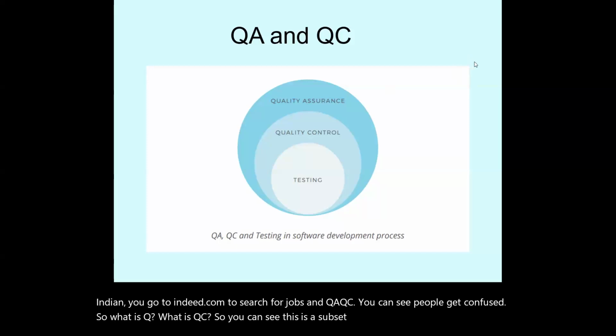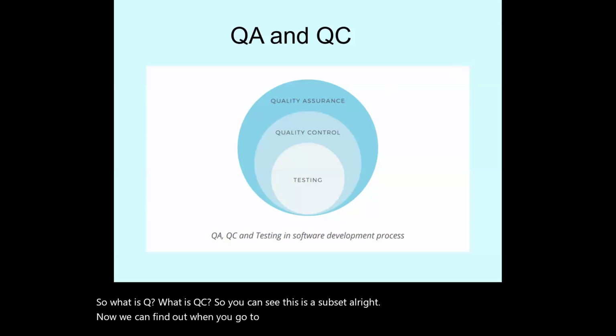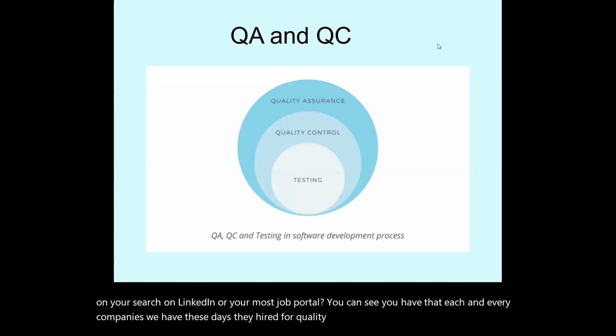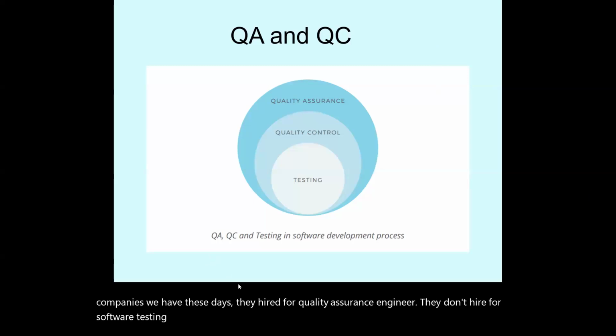What do you see in your search on LinkedIn or on most job portals? Each and every company these days hires for quality assurance engineer. They don't hire for software testing engineer.